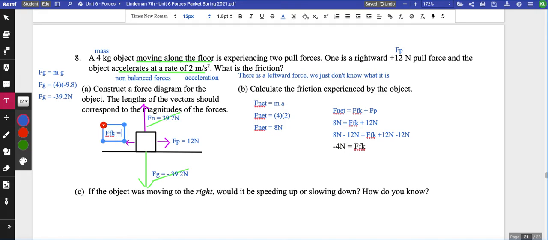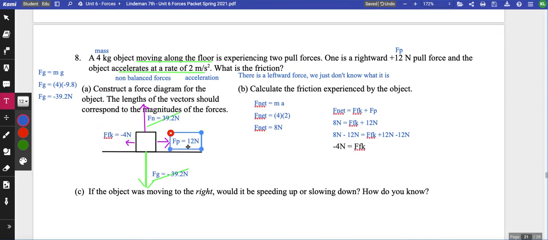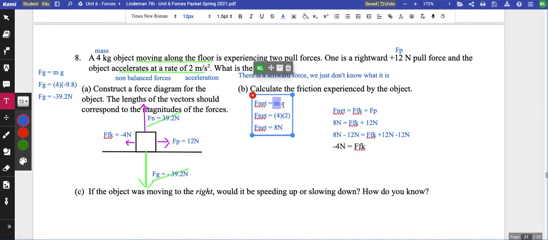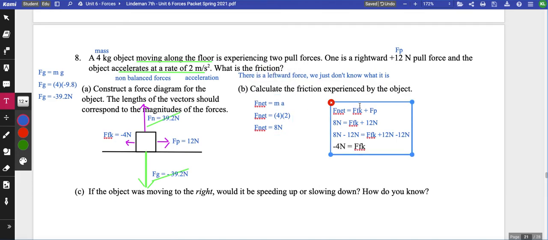So FFK is equal to negative 4 newtons. But did we see how we got that? I solved for our net force using my F equals MA. And then I solved for FFK, taking advantage of the fact that F net is always equal to the sum of the forces that are opposite each other.